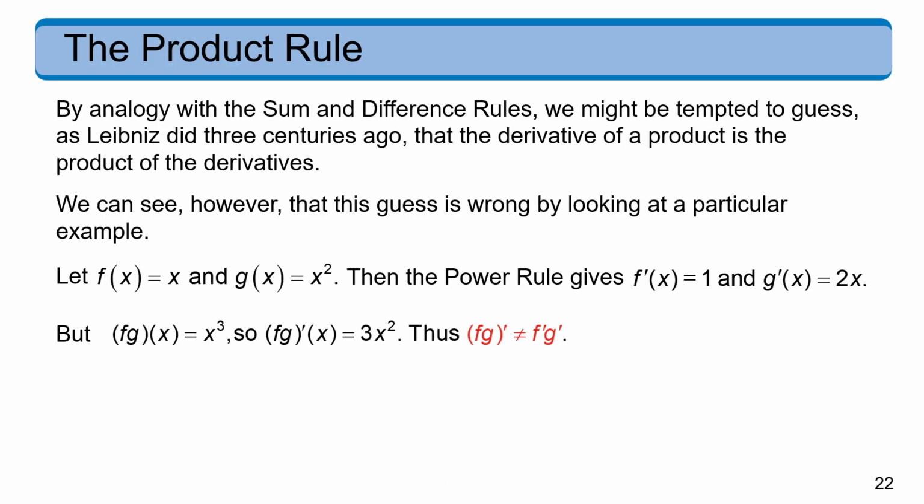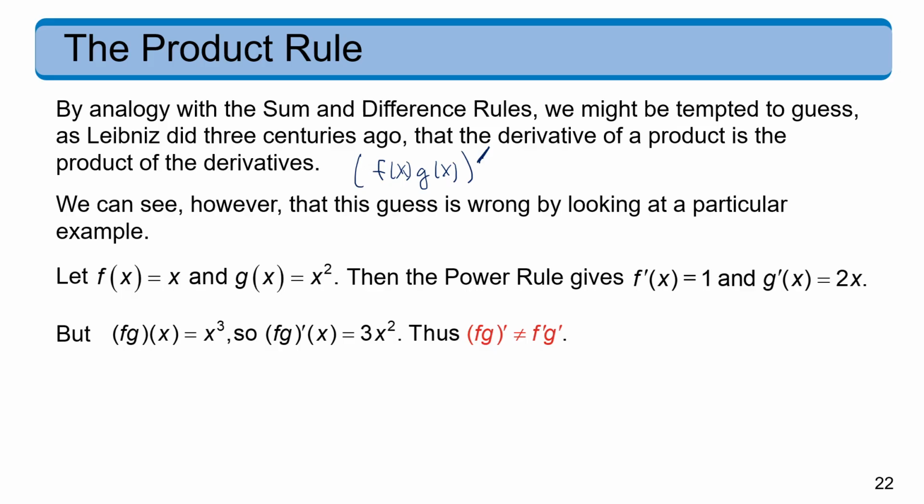We're trying to develop a rule first for the derivative of a product. So what we're actually considering here is if you have two functions multiplied together and we want to compute the derivative of that product.